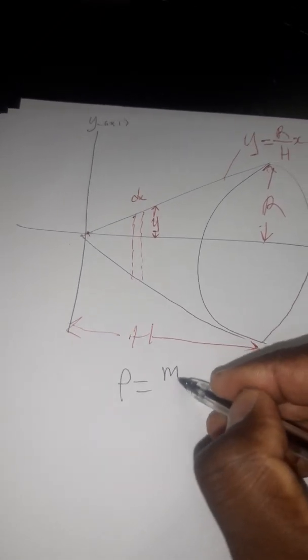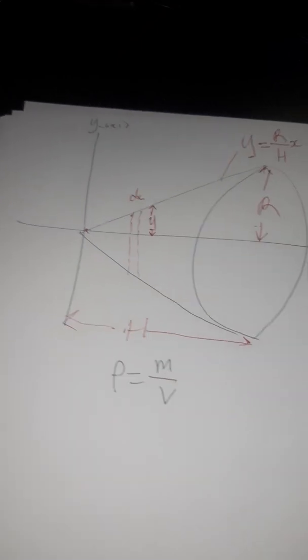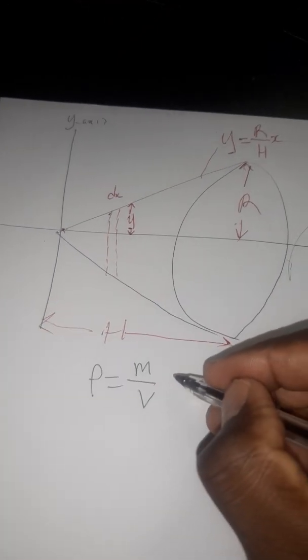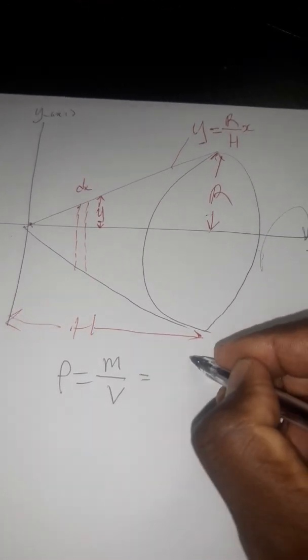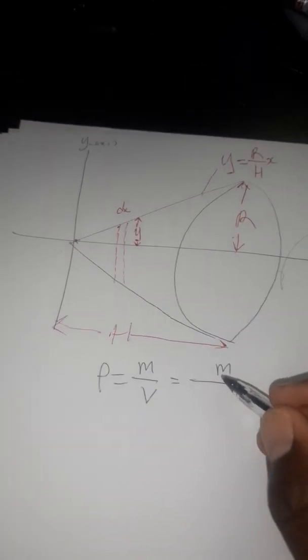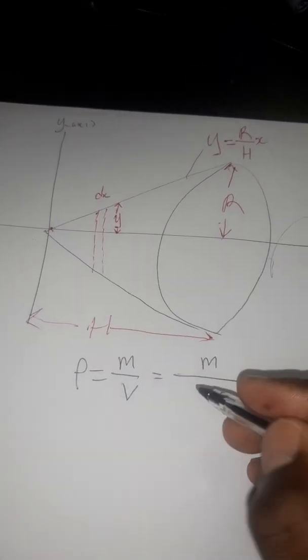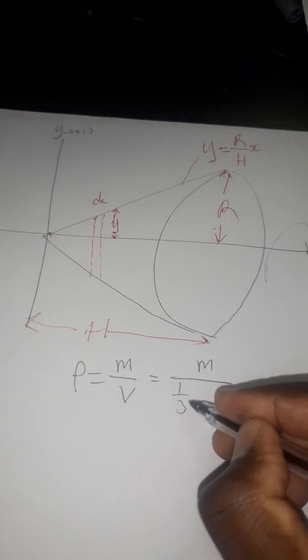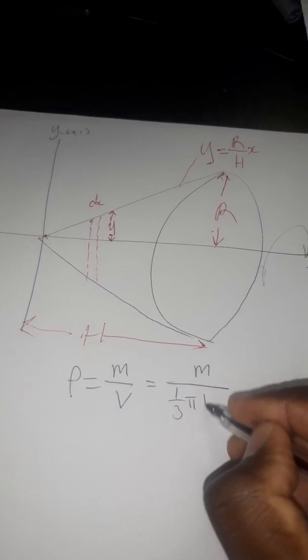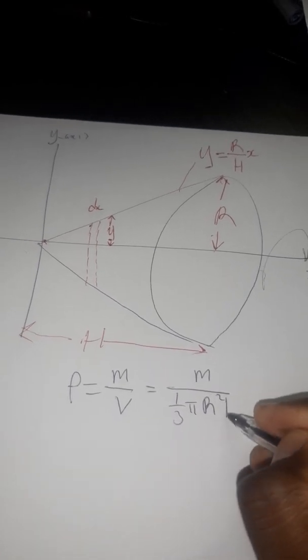We know the density is equal to mass over volume, which is mass over the volume of a cone, one third pi radius squared times its height.